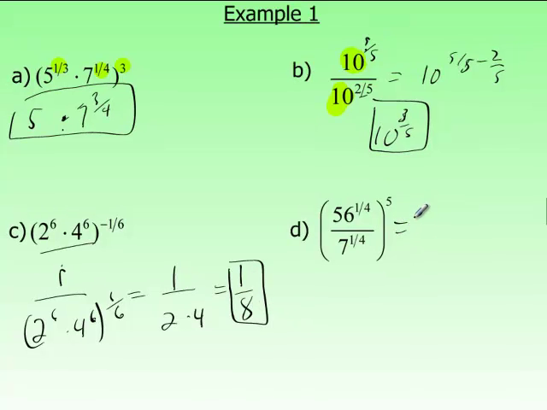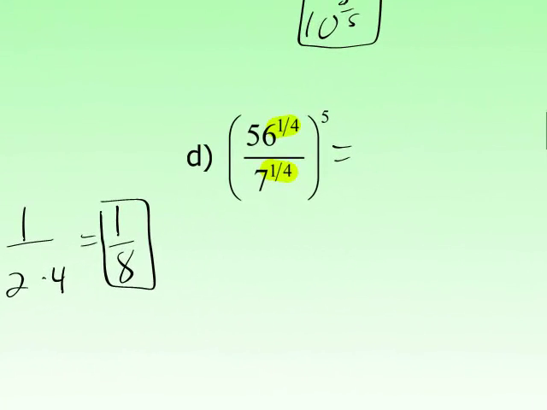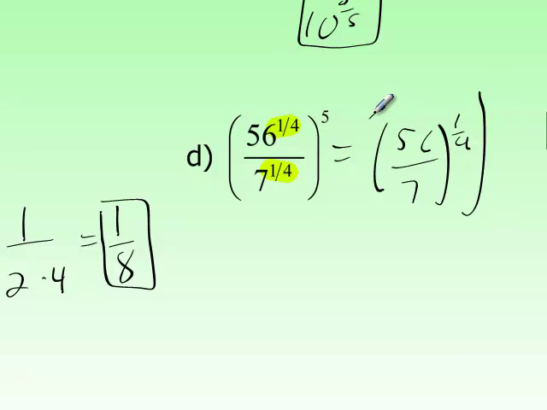So in this one, I have 56 to the 1/4 power over 7 to the 1/4, all to the 5th. Now when I evaluate this, I notice that both of these are to the 1/4 power, and I could use the quotient of a power property in reverse. That would be one method of doing this, and I could just rewrite this as 56 over 7 and then all that to the 1/4 power, and then I would take all that and put it to the 5th power.